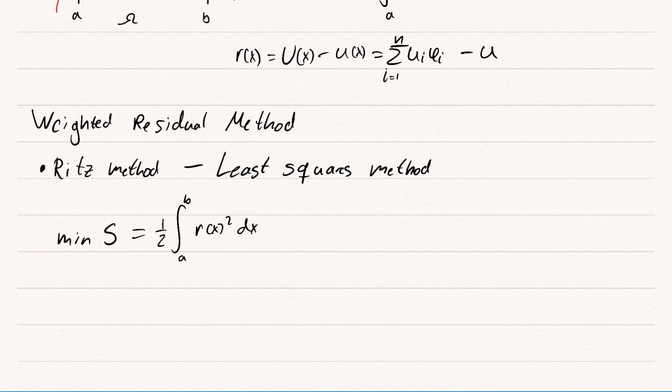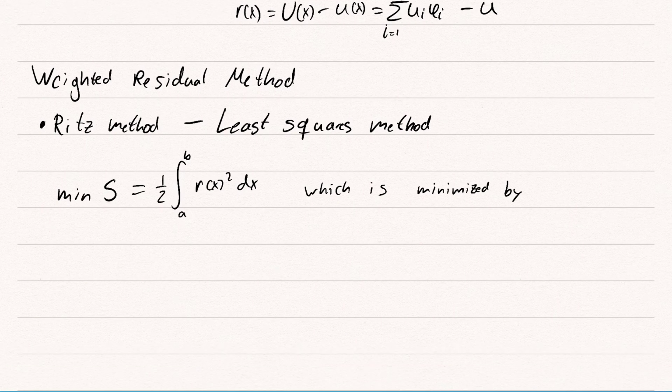That's why it's called the least squares method, because we're squaring r of x, the residual, and then this is minimized by letting the derivative of s with respect to u_i be 0.